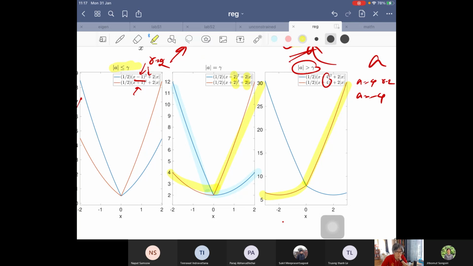Around x equals negative 2. It's somewhere around here, so it looks like there's a local minimum here. What about the blue graph? Around x equals what?